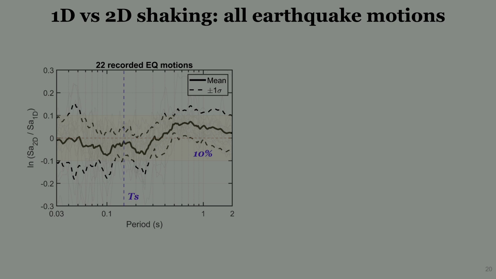At periods near the site period, we see a negative log difference, meaning that the 1D shaking is larger than 2D shaking, whereas for longer periods, we see a positive log difference, meaning that the 2D shaking is larger than 1D shaking. However, the log difference shows about a 10% range of variation based on these 22 motions.